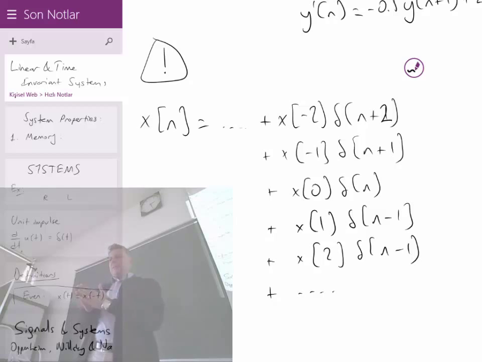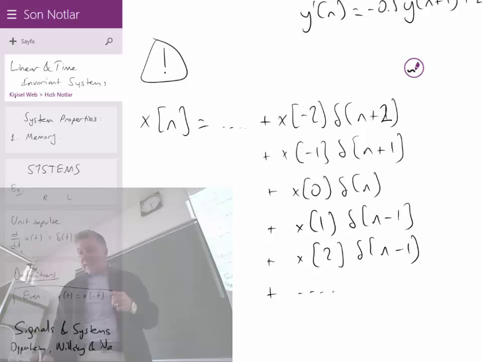But that's clear. There is an impulse here. What is the value of that impulse? For example, this is an impulse at n is equal to minus 2. Okay? That one at the top. What is the magnitude of that? Its magnitude is whatever it is. It's x of minus 2. Depending on the question, I will draw it, I will give it to you. So it is x of minus 2, whatever that scale is. It may be positive or negative, small or large.